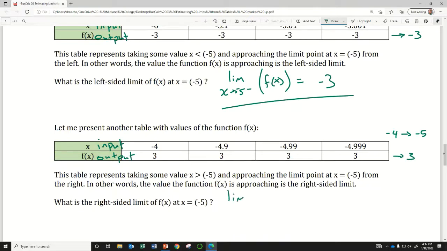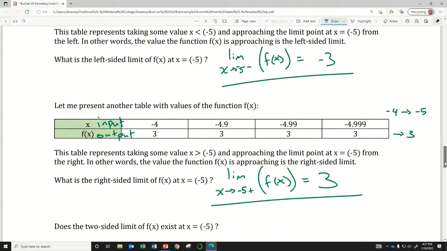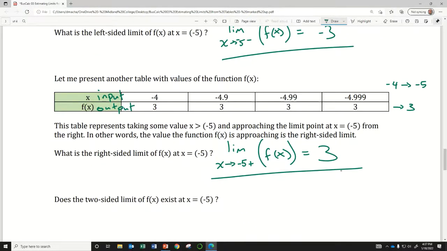So I would write that my right-sided limit, or the limit as x approaches negative 5 from the right side of my function f of x, is positive 3. Now we can ask, does the two-sided limit exist when x is negative 5? And the answer is no, because even though I have both the left-sided and right-sided limit, they give me different answers.